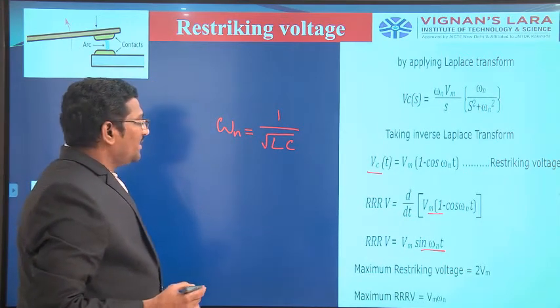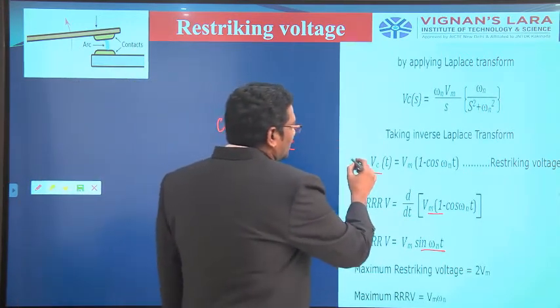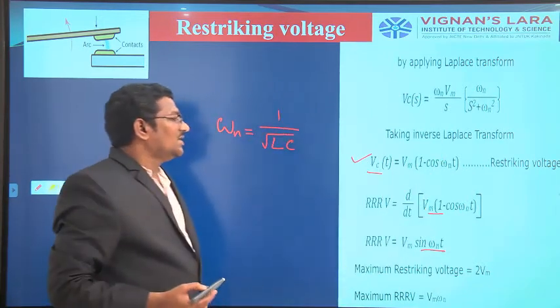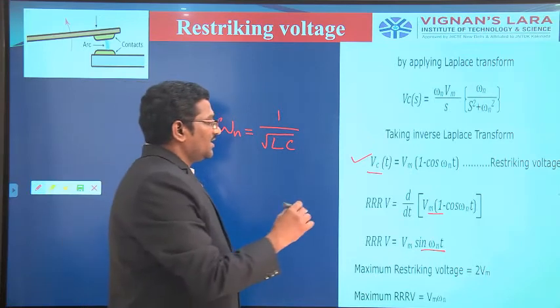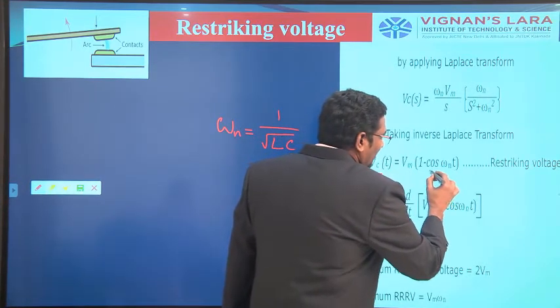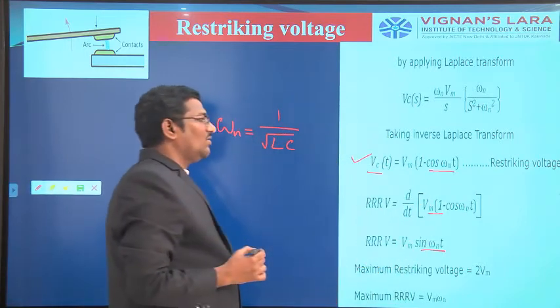Another important point is: what is the maximum value of the restriking voltage? If you see this equation, suppose cos omega nt is equal to minus 1, then what will happen?